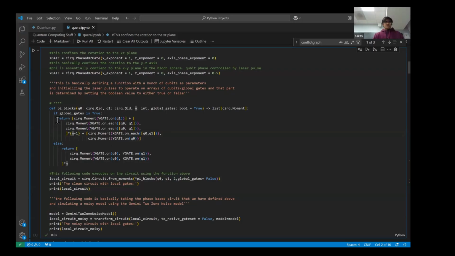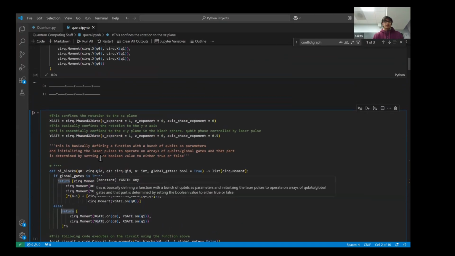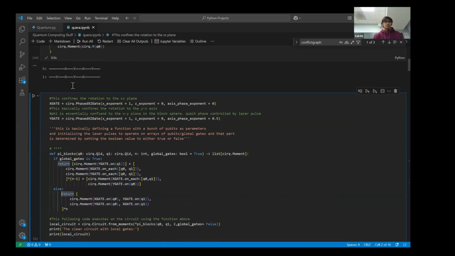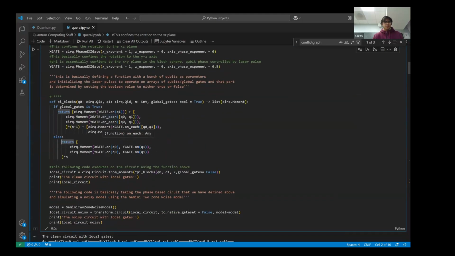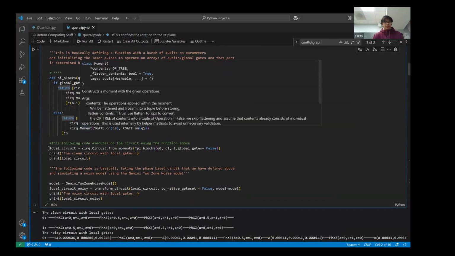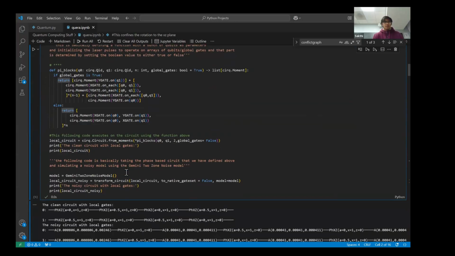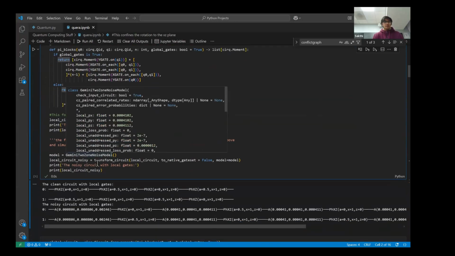Yeah. So in this case, the defined function will run this part of the code if we are using global gates, and if not, we're just going to get the previous output that we had for the cell. So this is basically defining our circuit, and then we're printing out the circuit using the Gemini 2 zone noise model.